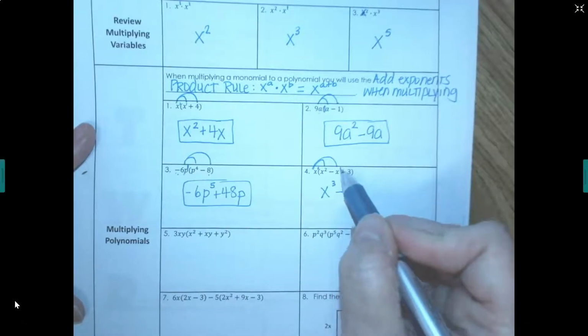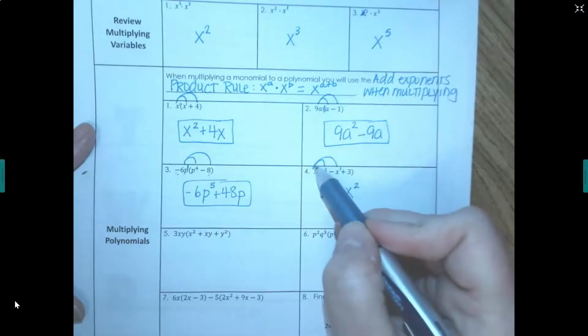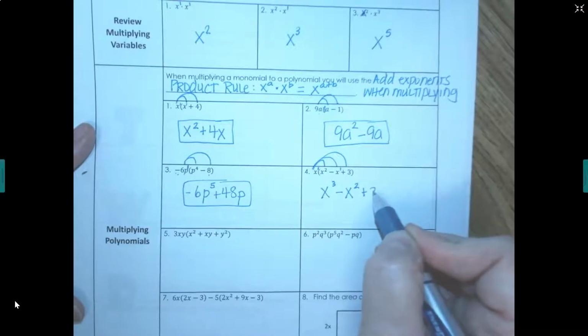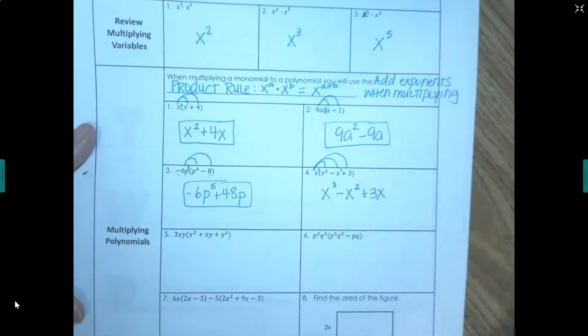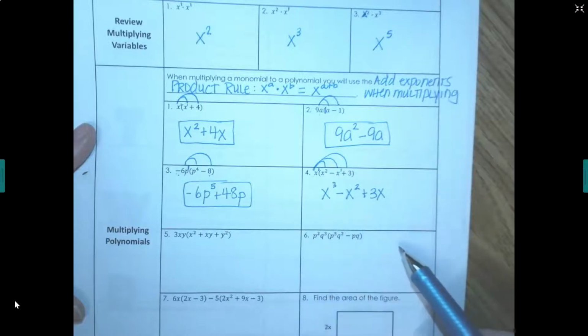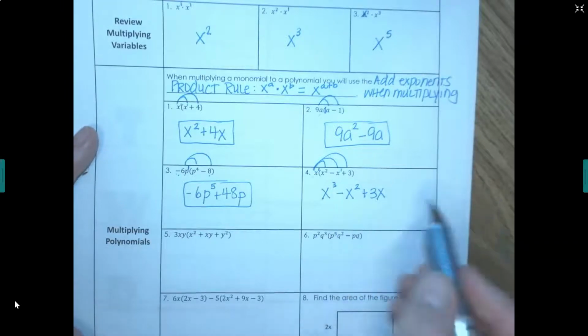X times x is going to be x squared. Then I have x times 3 will be positive 3x. So I've taken this monomial and sent it all the way through the trinomial. I've gone all the way to the other parenthesis. I'm done. Check for standard form. 3, 2, 1. We're in order.